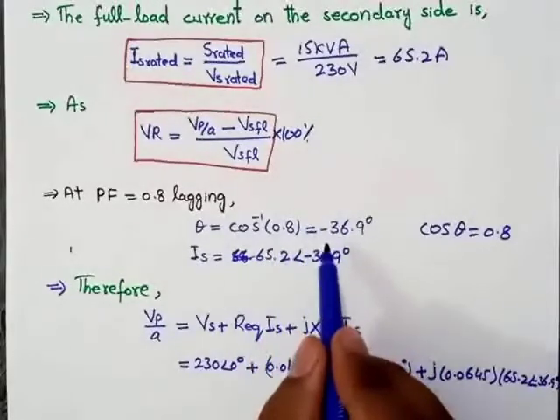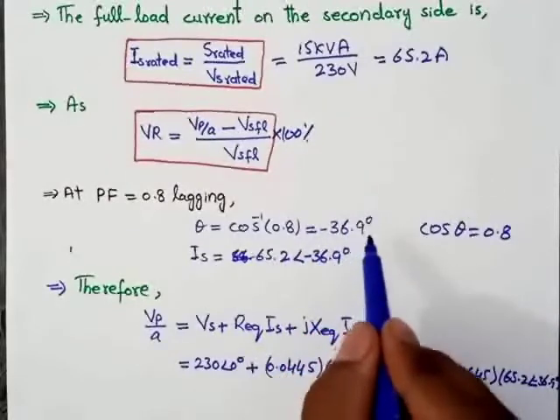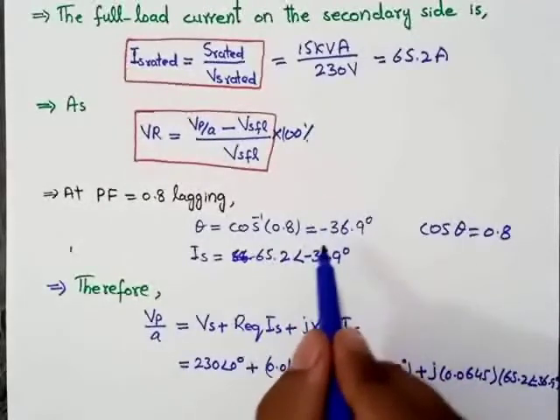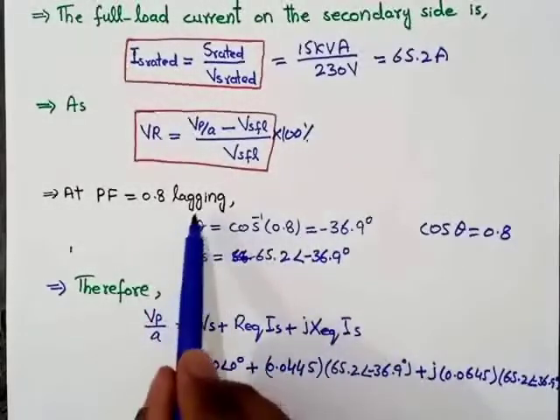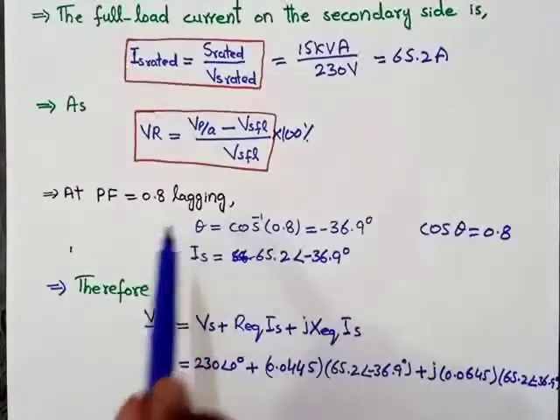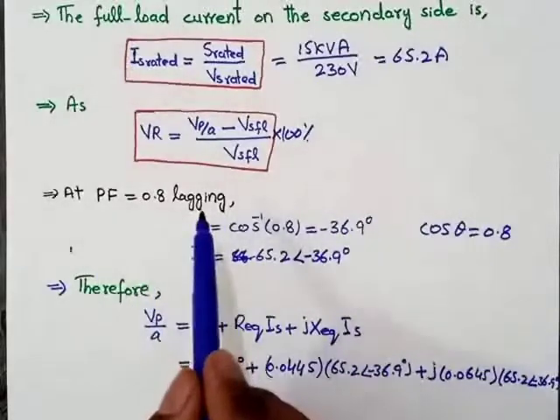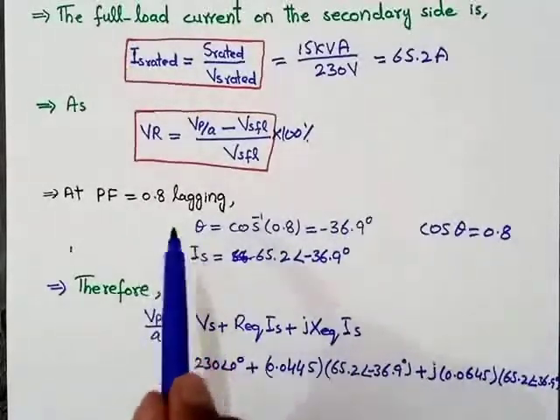After solving this, we get theta equal to minus 36.9 degrees. The minus shows that the power factor is lagging. In the case of lagging power factor, the load is inductive. When the load is inductive, the current will lag, which means the angle of the current will be less than the angle of the voltage.